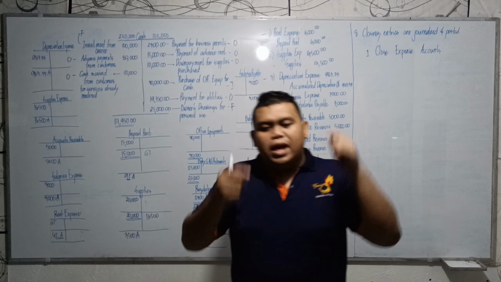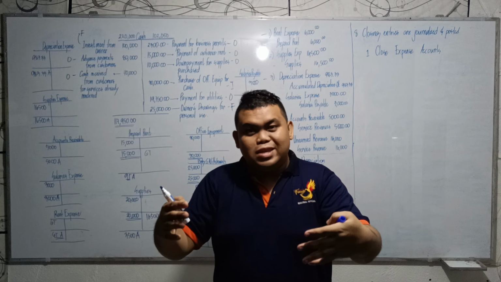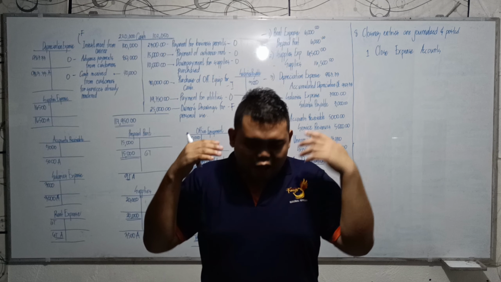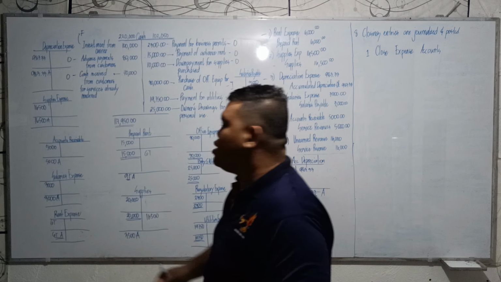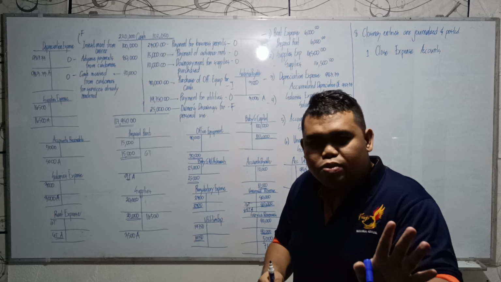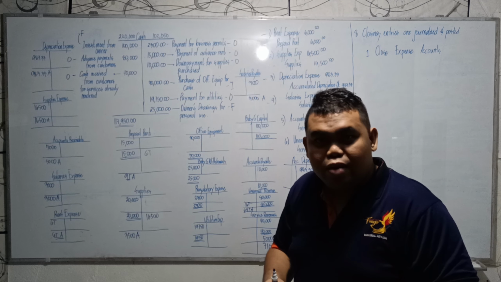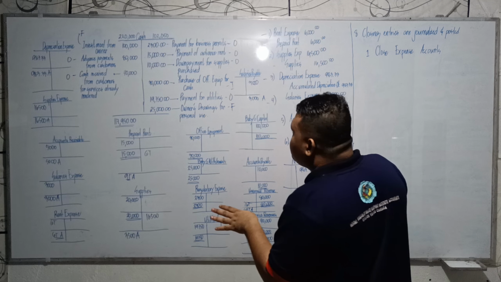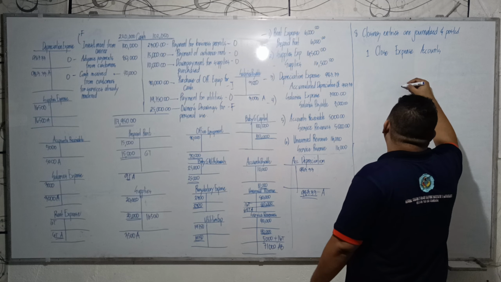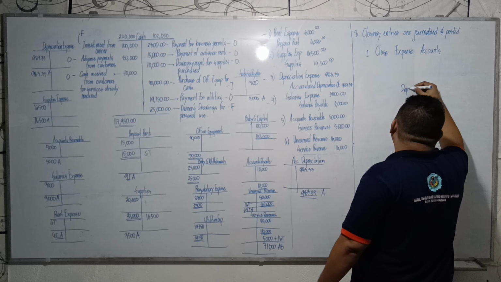Those expenses have a debit normal balance, right? So in order to close them, we have to credit them. So let's credit them first. We have depreciation expense.